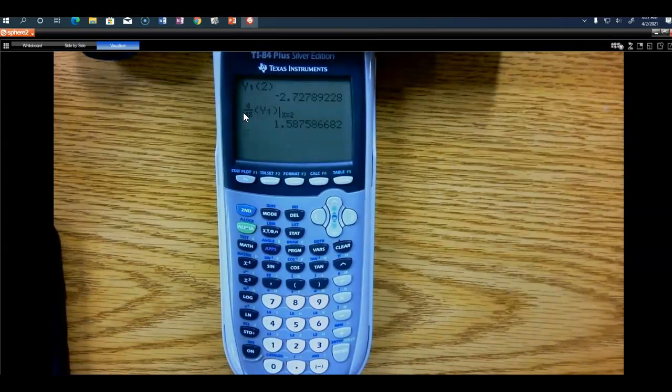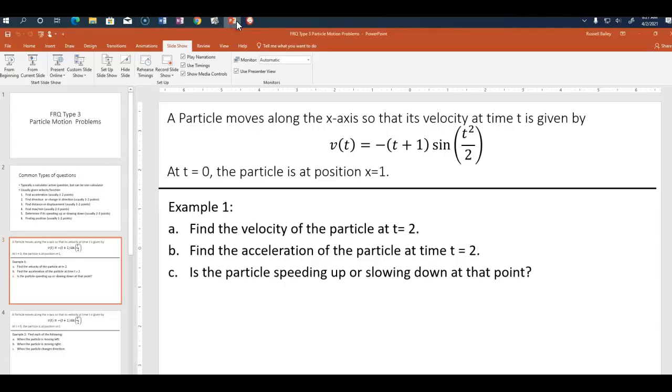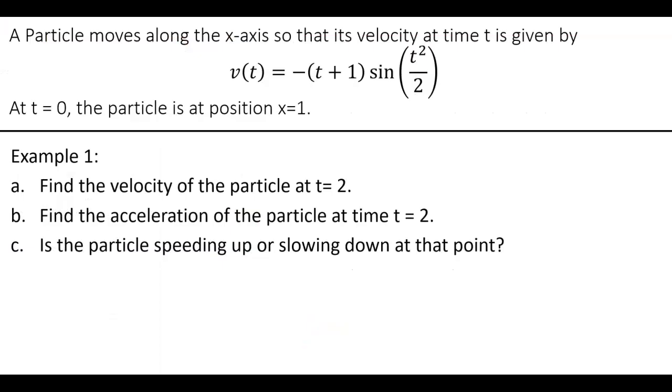So my acceleration is 1.588. And we found up here that the velocity was negative 2.728. Let's keep that in mind.